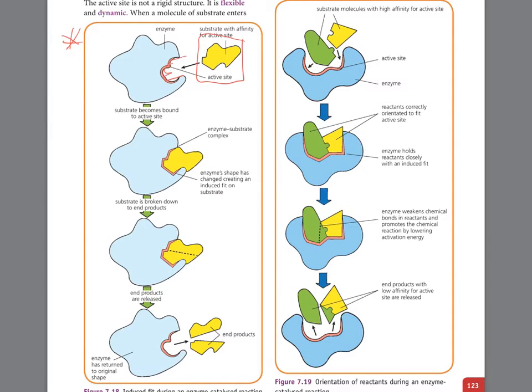And what happens is, as the substrate starts to move towards the enzyme, then the enzyme shape is changed, creating an induced fit on the substrate. So here, the enzyme shape is changed, you'll see on this diagram, from the situation that was up here, in order to be able to fit around the substrate. Now that ensures that the active site comes into close contact with the substrate, and that increases the chance of a reaction happening.